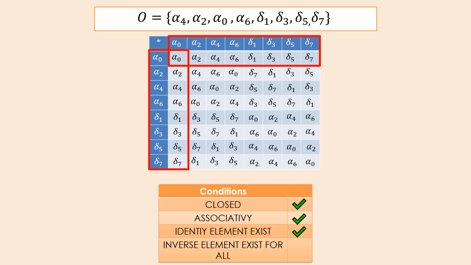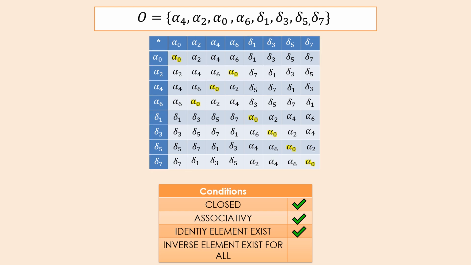Now let's check if an inverse element exists for all. To get the inverse elements, we need to utilize the identity element, highlighted in yellow.